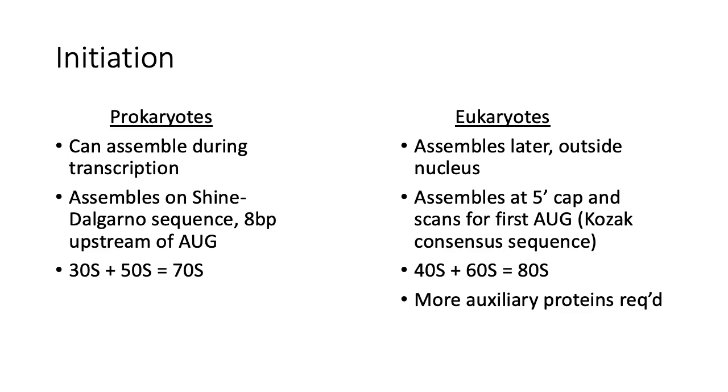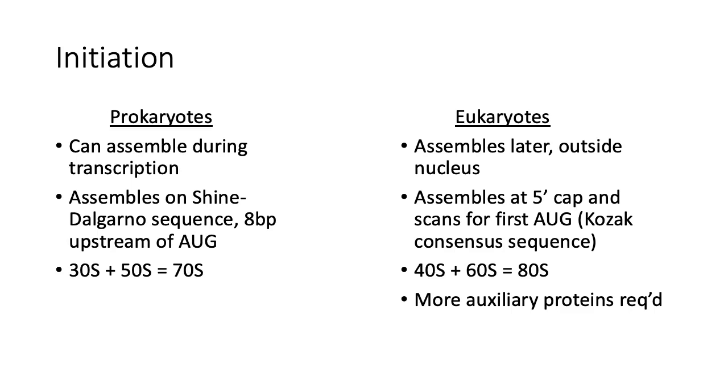So there is a short sequence that is very highly conserved throughout prokaryotes. It is a string of purines, and I'll let you remind yourself of what nucleotides purines are. It is a string of purines, 8 bases, 5 prime of the start codon. And that conserved sequence is named after the 2 scientists who discovered it, Shine and Dalgarno.